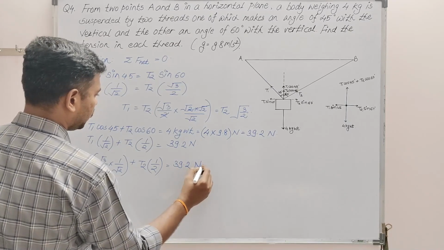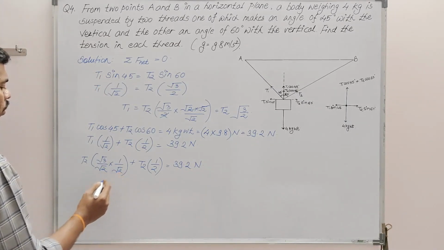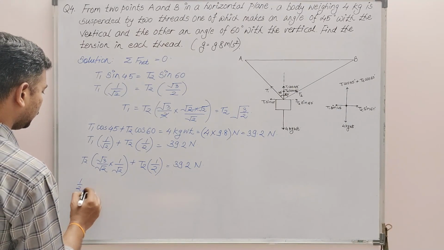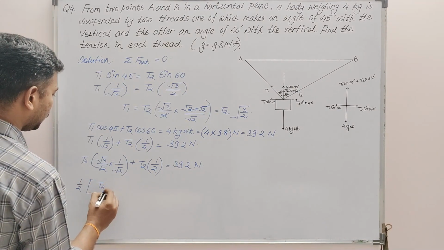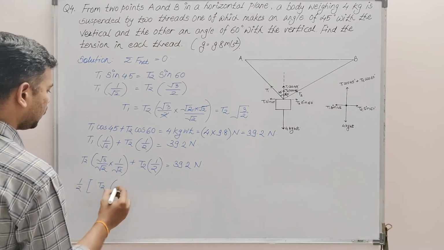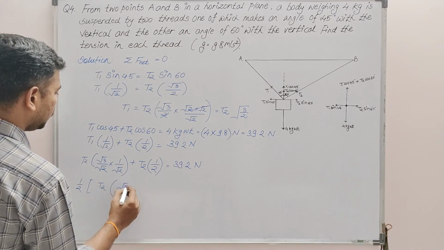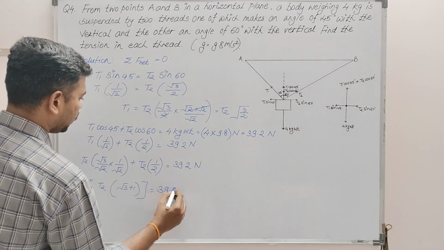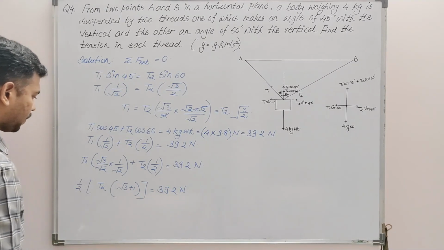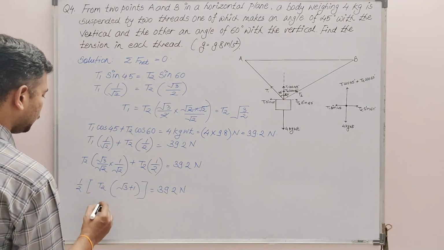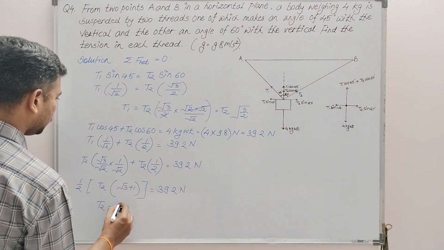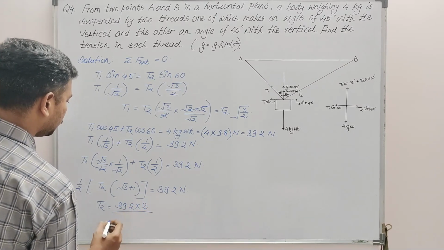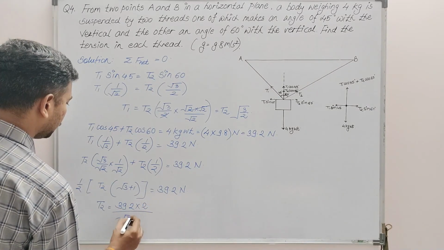which is equal to 39.2 Newton. So this root 2 into root 2 is 2, and here also there is one more 2, so we can take it outside. And then T2 is also there. So T2 into root 3 plus 1, divided by 2, is equal to 39.2 Newton. Now, this T2 we are interested in, so we can write 39.2 into 2 upon root 3 plus 1.